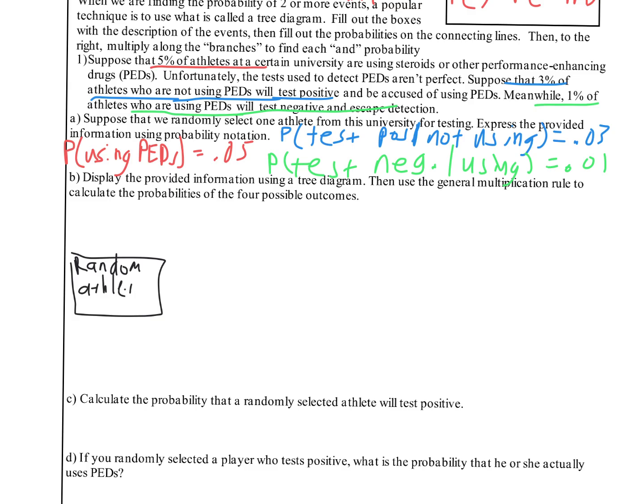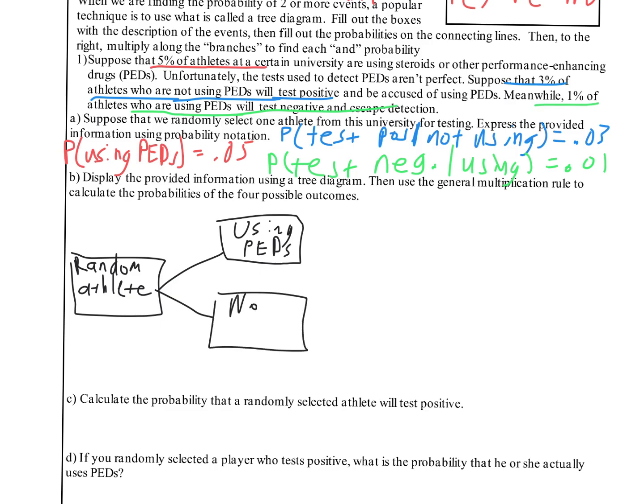Then our first split is, are they using PEDs or not? And we know that the probability that they're using PEDs is 5% or 0.05.